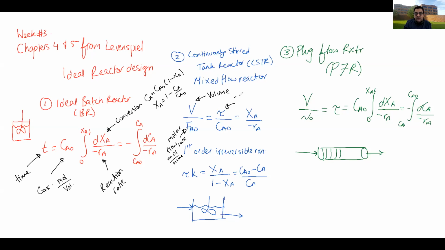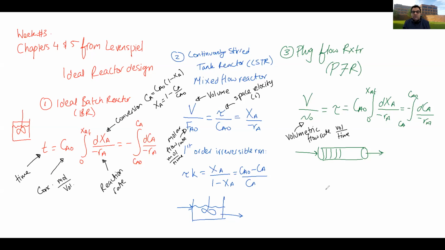Tau is your space time, and it's in seconds. And space time refers to the amount of time it takes one volume of the reactor fluid to zip through the reactor. Any other expressions here? No. So these are the space time, just be aware of it. v0 here is your volumetric flow rate, and this is in units of volume per time.